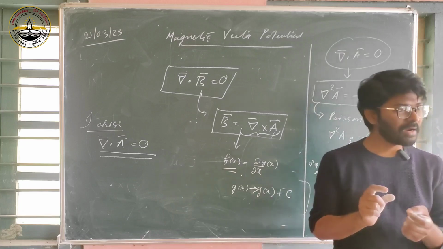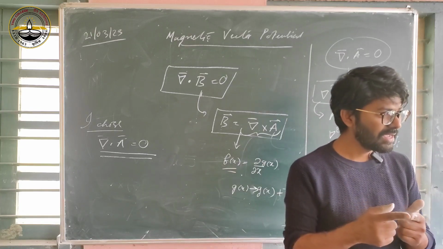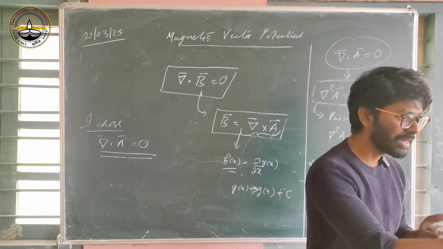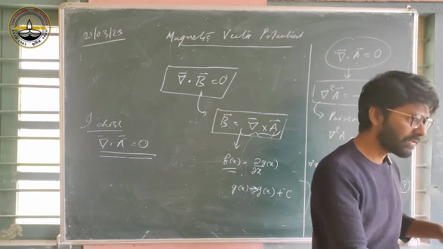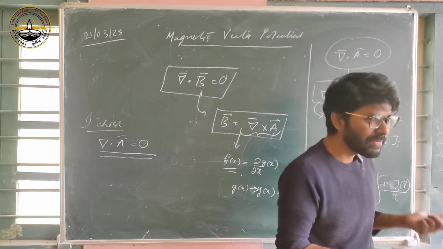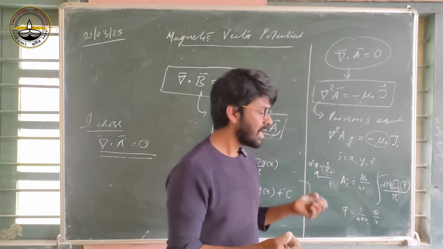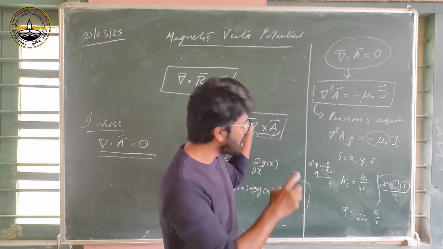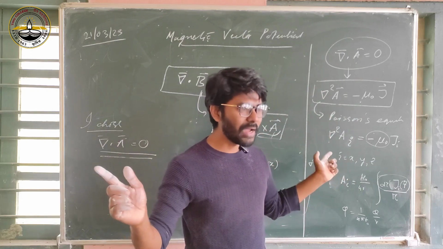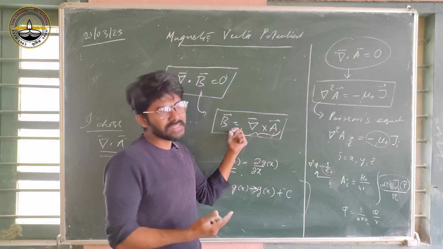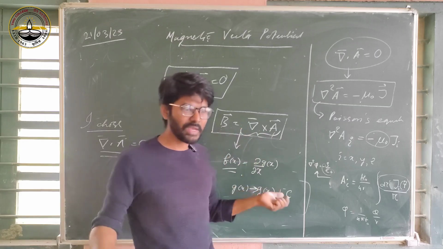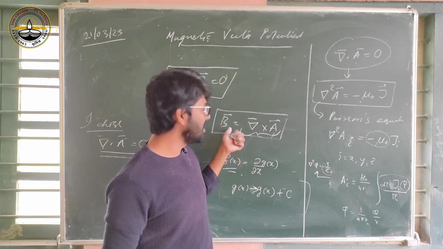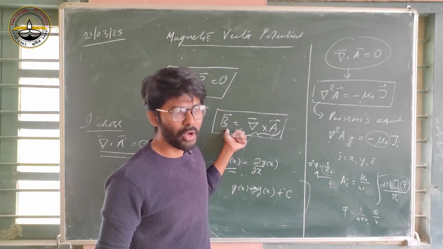If you put a compass, it will be pointing towards the direction of the lines of force of the magnetic field, right? Towards the north. That's your real physical quantity. A is not. So I can change A in whatever way I want, and in the end, if I get the same magnetic field, then it's okay, right? Life is cool, because in the end, B is the real thing, A is not.